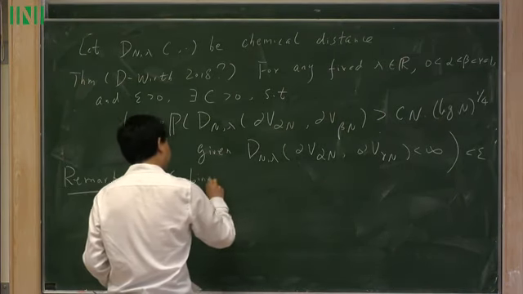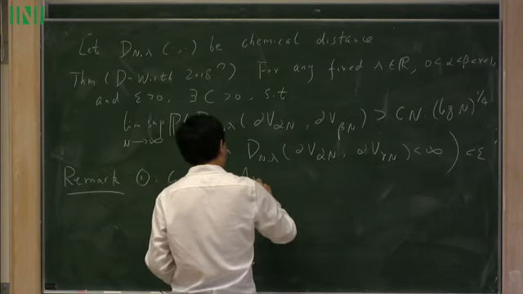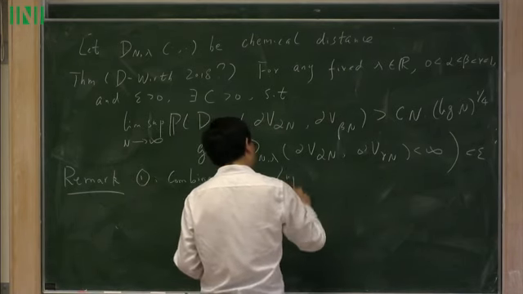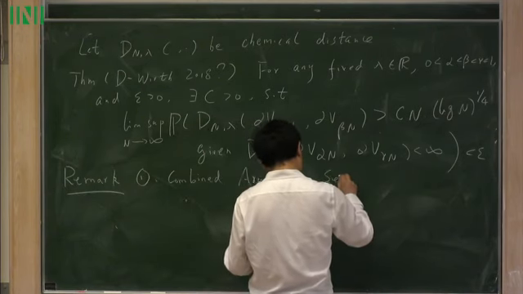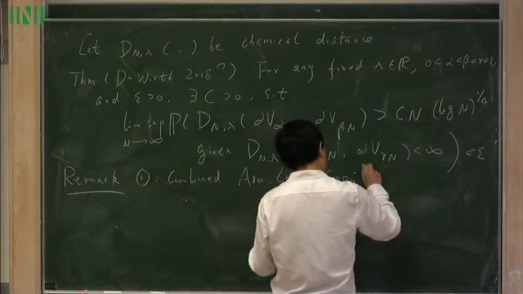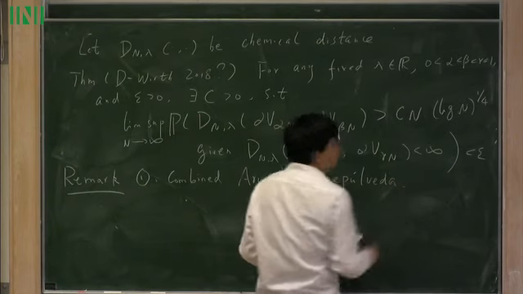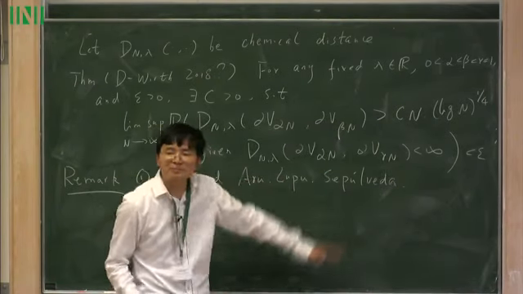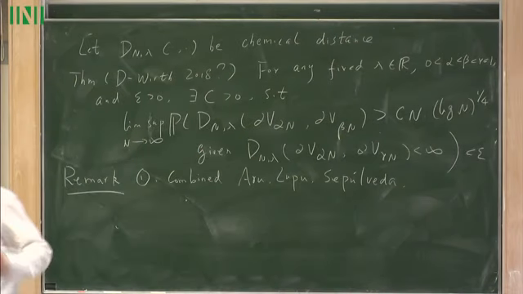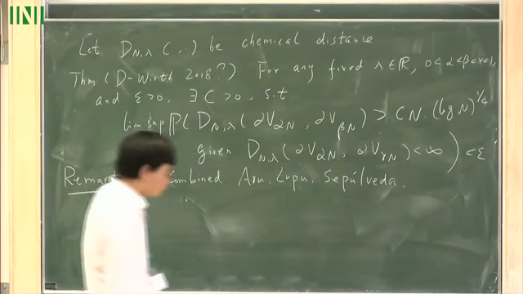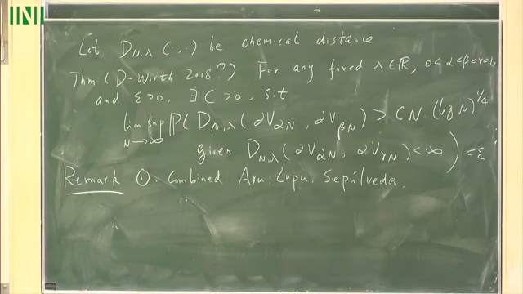Combined with Aru, Lupu, and Sepúlveda, in this paper, they had a preprint on arXiv already, but they're going to split it into papers in which they're going to show a lot of nice things about first passage set for Gaussian fields.